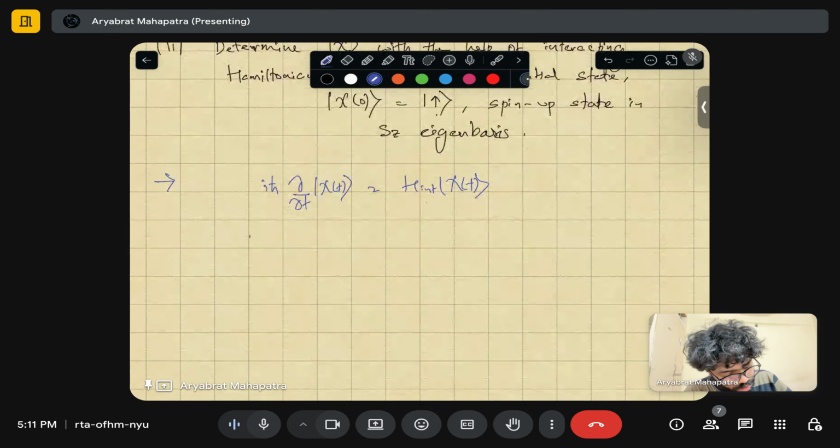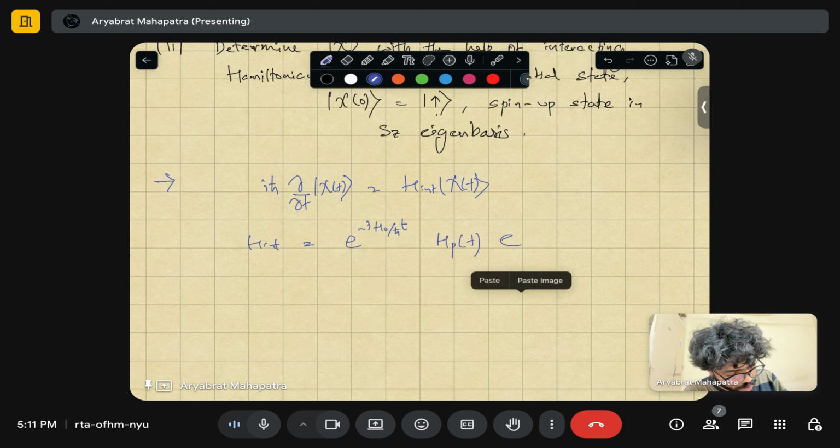So your H_I is basically exponential of minus i H0 over h bar t, H perturbative part, then exponential of i H naught over h bar t.